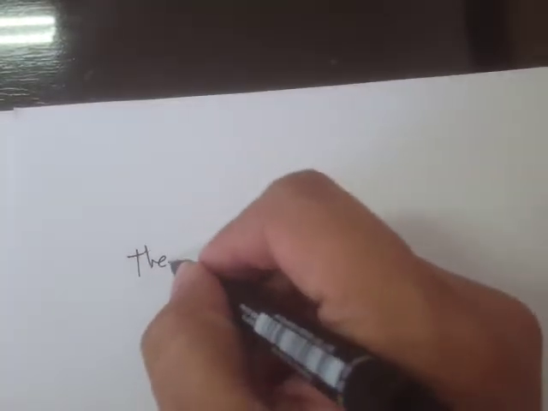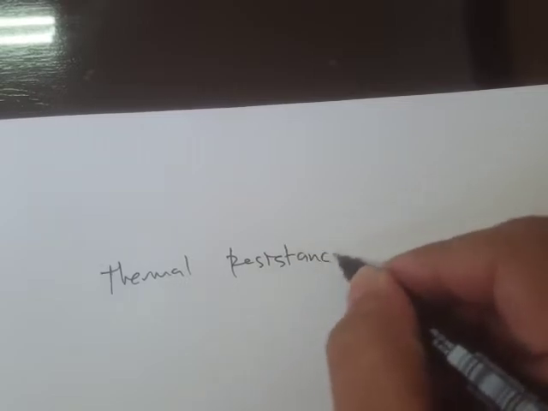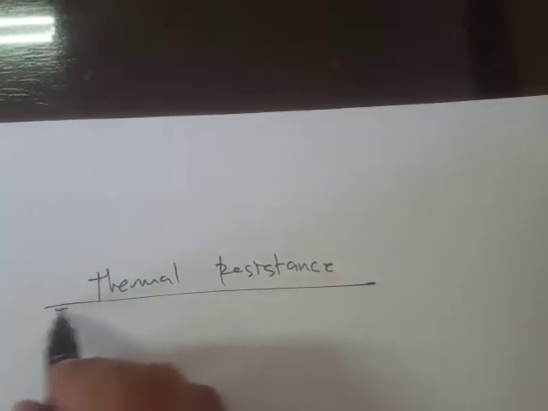Now, in order to solve this problem, there is a concept that we'll be using for analysis, and it's called the thermal resistance. We call this the thermal resistance concept.